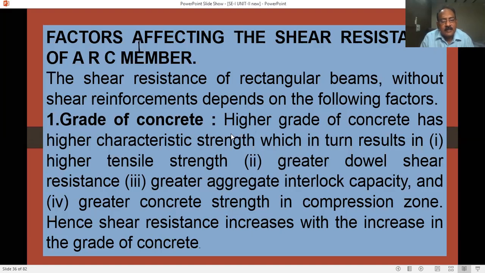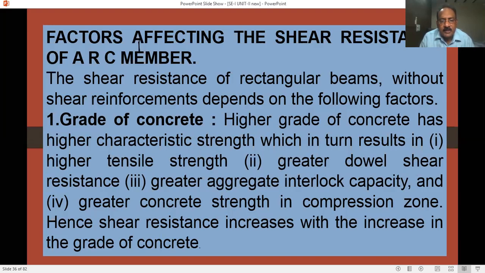What characteristic strength is, we discussed in the first unit. So if you use a higher grade of concrete, you will have higher tensile strength, so the failure will not occur.